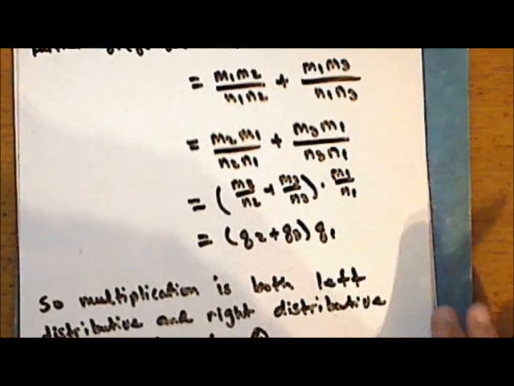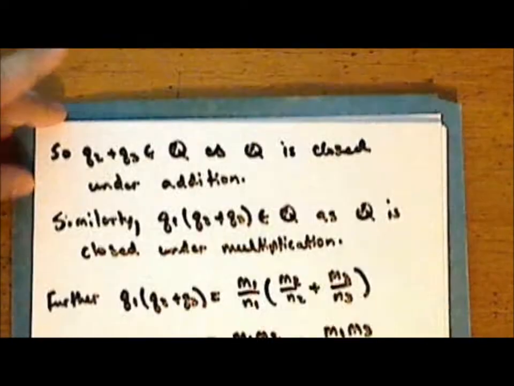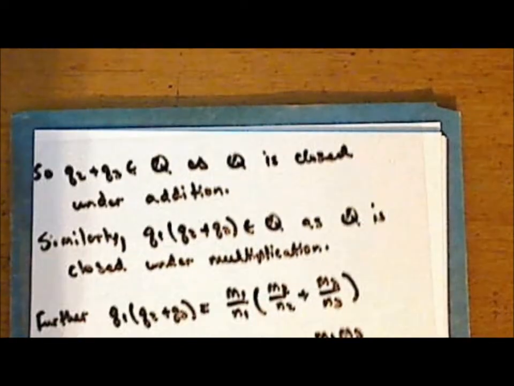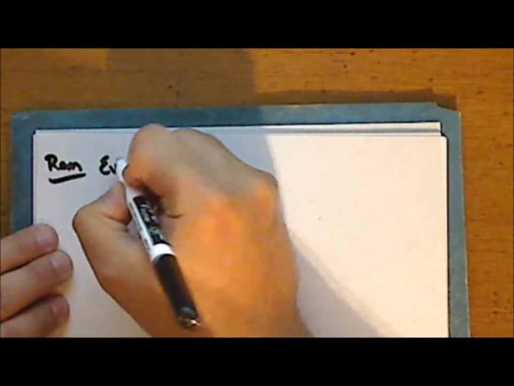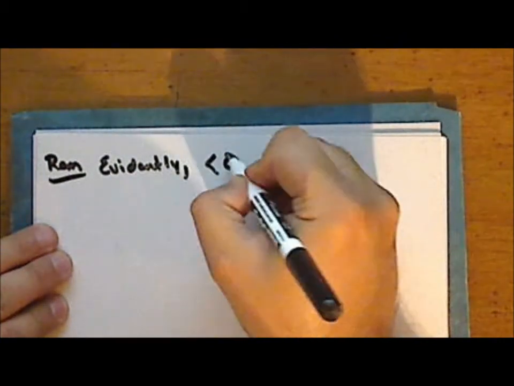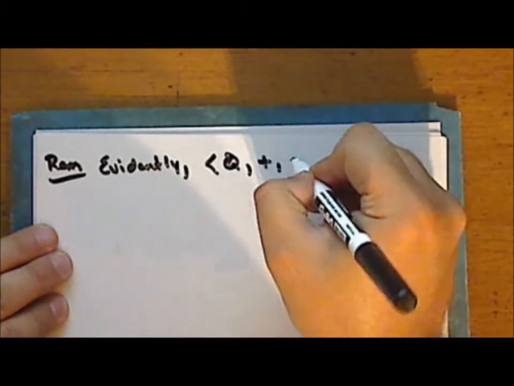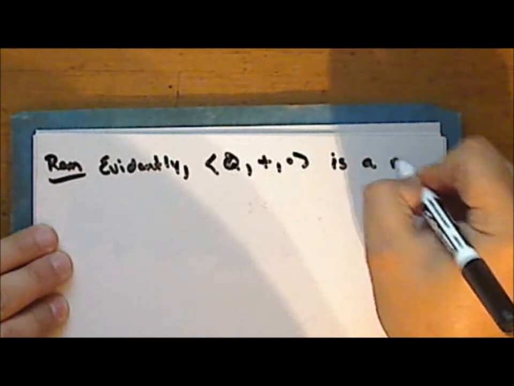So it is simply distributive over addition. So evidently, the rational numbers, together with normal addition and normal multiplication, is a ring.